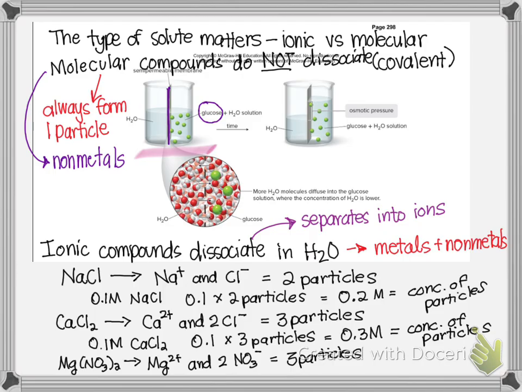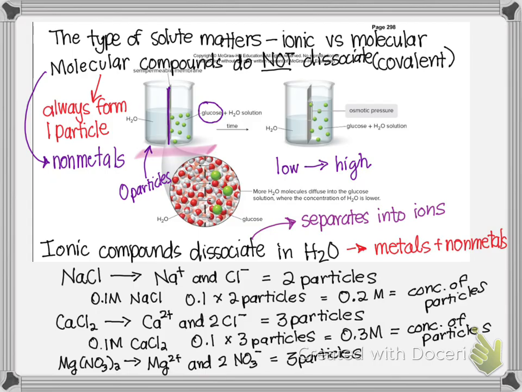Now, when you just have water, that would be like 0 particle concentration, so that means it would be very low. And so then what happens, if you remember, the water will move from the low side into the high side. And in this example, the right-hand side definitely has more particles, right? You see all the little green balls on the right and none on the left.